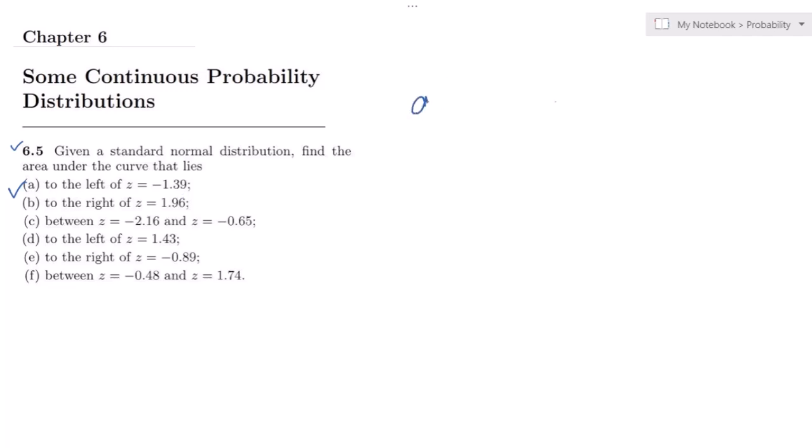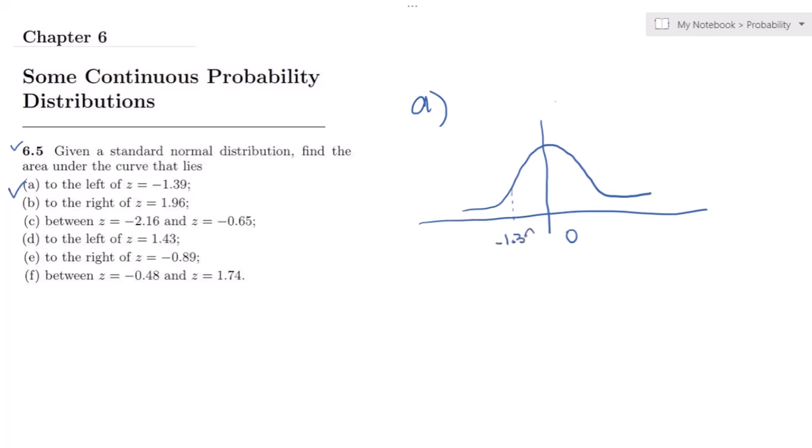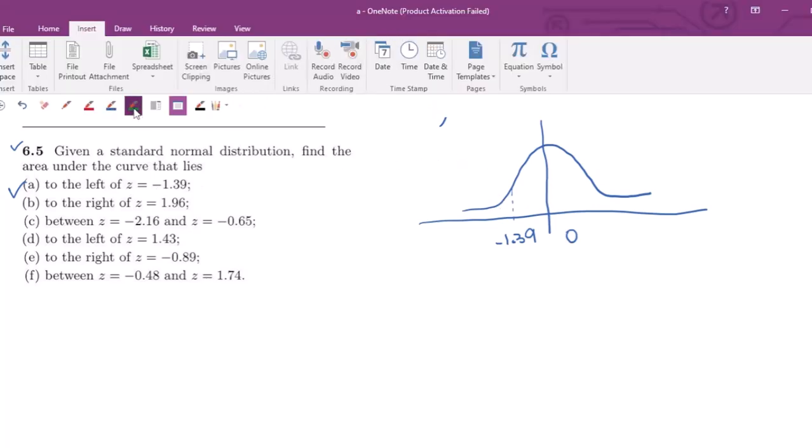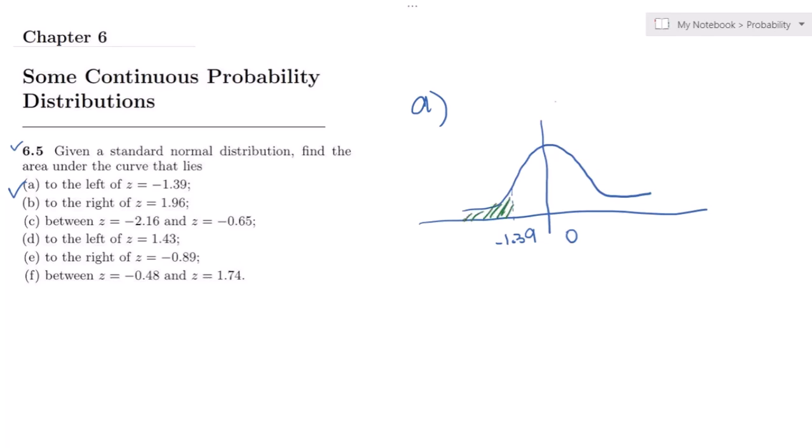Let me first solve part a. Here we have the normal distribution, with 0 at the center, and here we have the value minus 1.39. We have to find the area under the curve that lies to the left of z equal to minus 1.39, which is this area here.